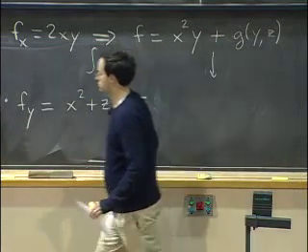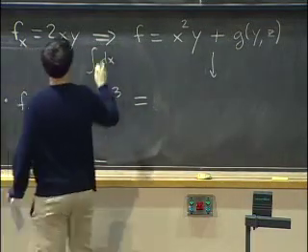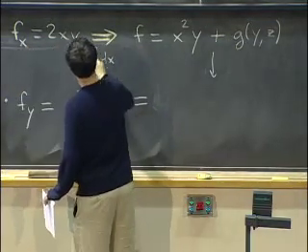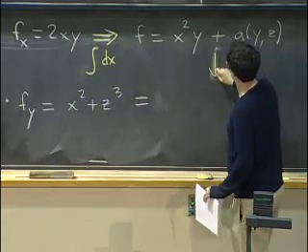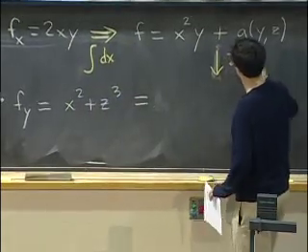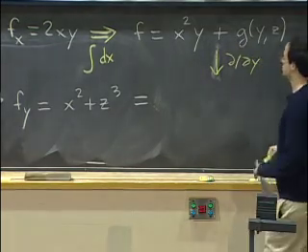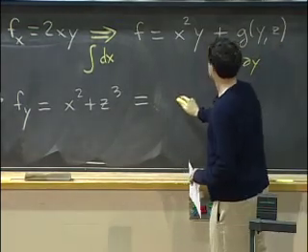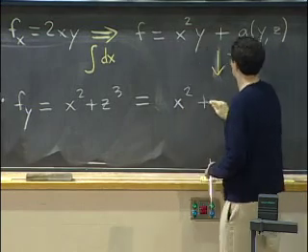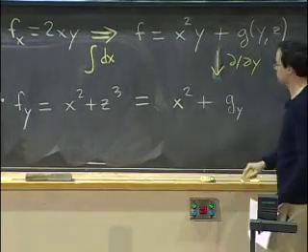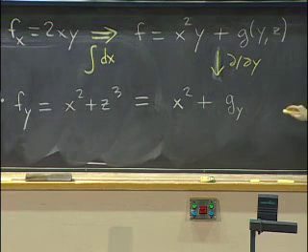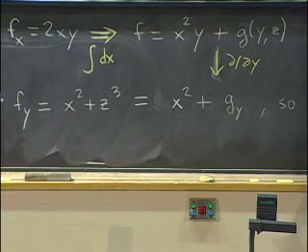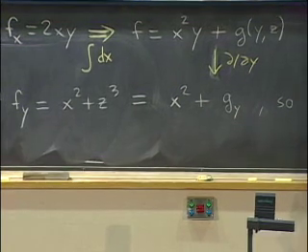So if I take the partial of this with respect to y, I'm going to get a different formula for f sub y that will be x squared plus g sub y. If I compare these two expressions, that tells me that g sub y should be z cubed.